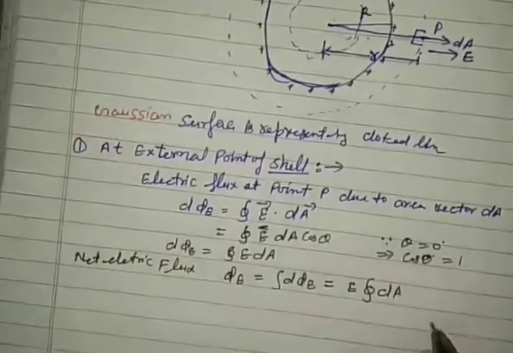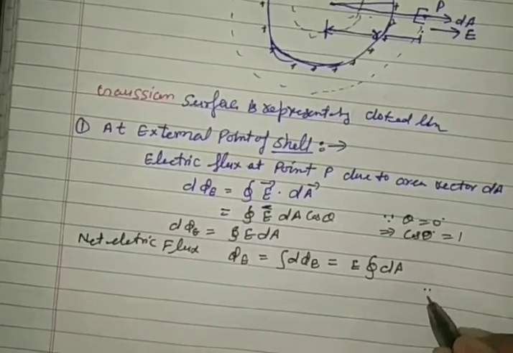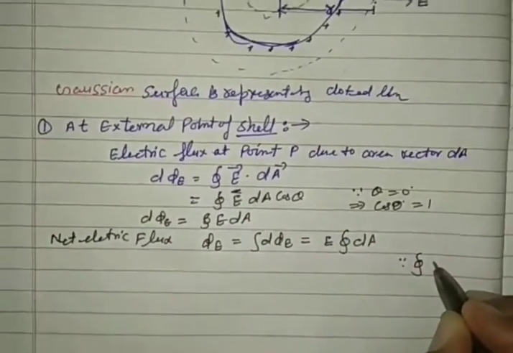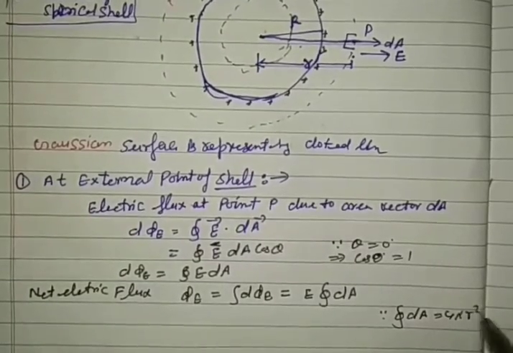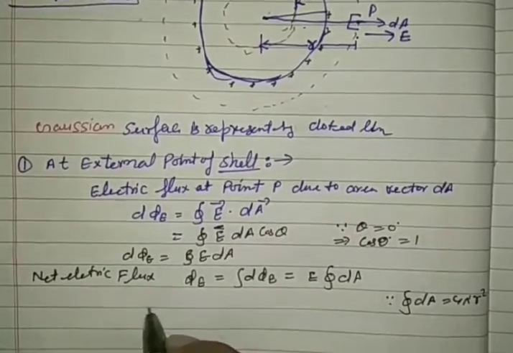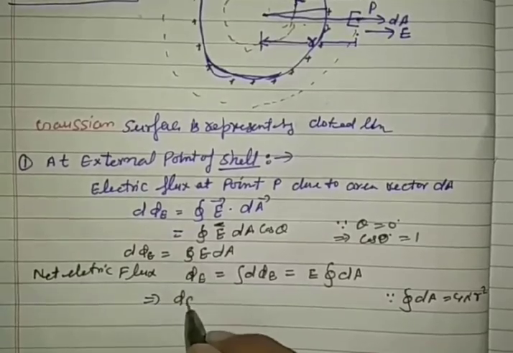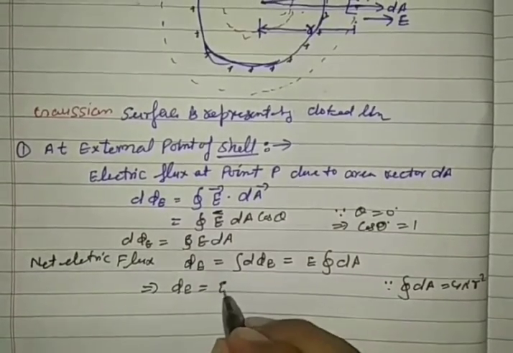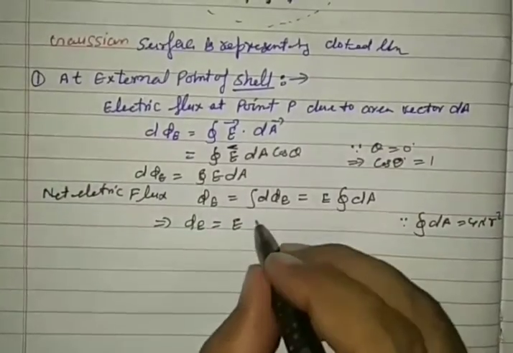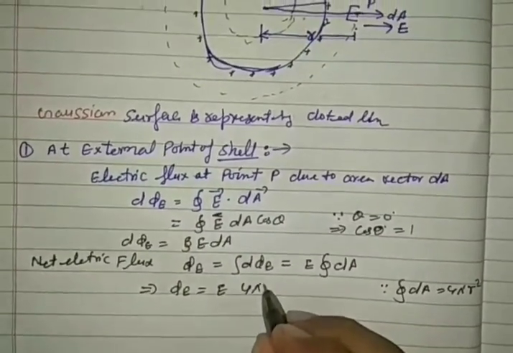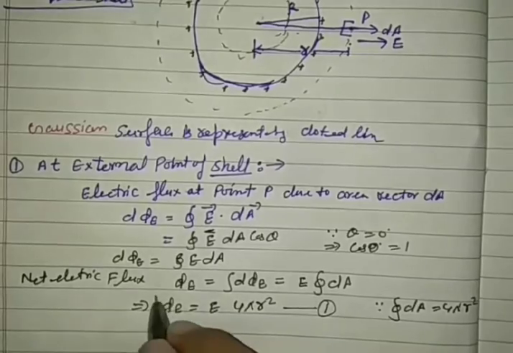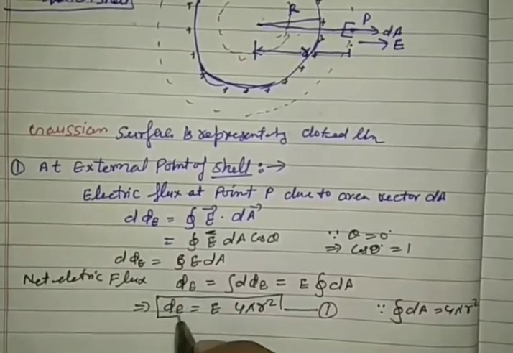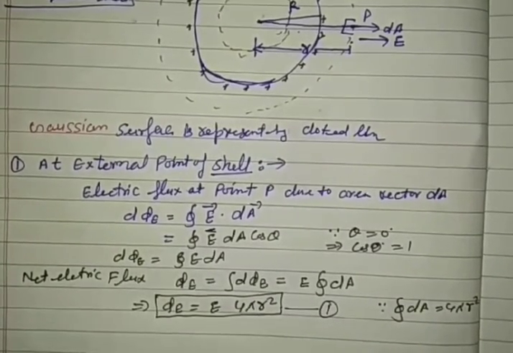Clear? So in that condition, the total area of the sphere, the integral of dA, is 4 pi r square. So we may write phi E is equal to E times 4 pi r square. I am going to represent this by equation number 1.